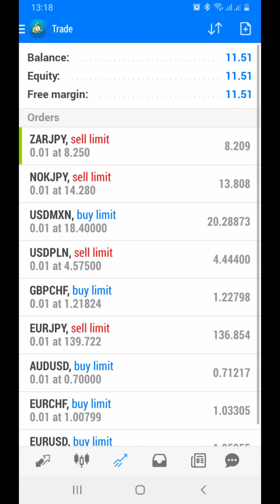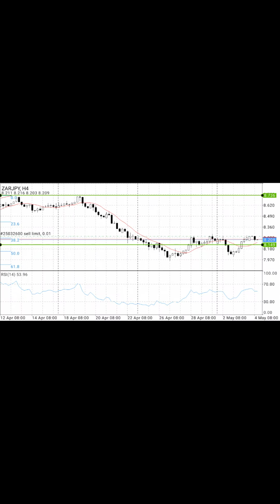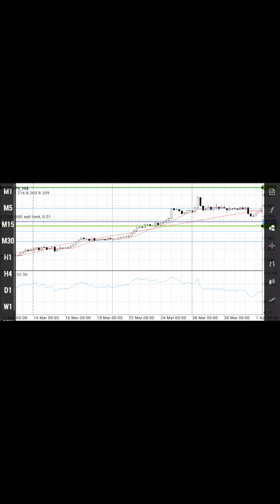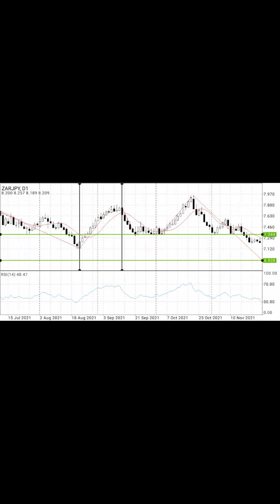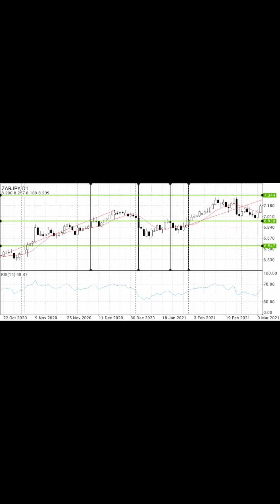I'm going to place it as it looks like. I have to admit, this position is very delicate.